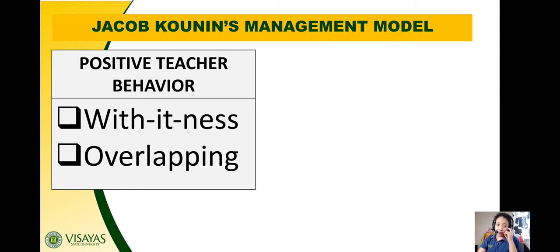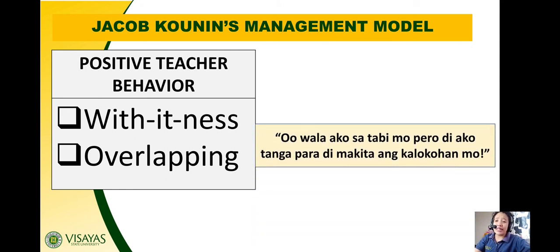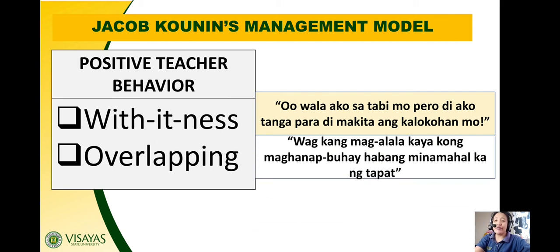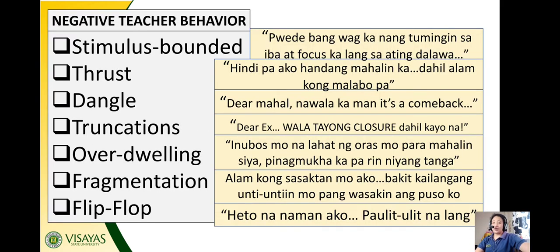On the other hand, may sinite naman si Conan na negative teacher behavior as subcategories. We have the first one, stimulus bounded. Pwede bang wag ka nang tumingin sa iba at focus ka lang sa ating dalawa. So having focus is the problem. Stimulus bounded, for example, we are discussing and then may dumaan, nawala agad yung discussion.